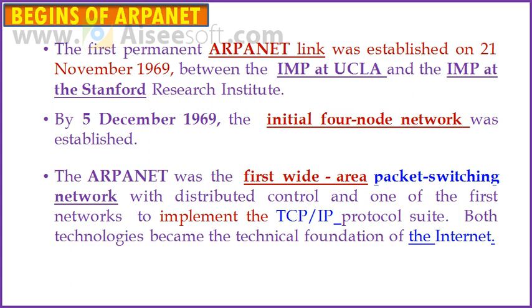ARPANET was the first wide area packet switching network with distributed control and one of the first networks to implement the TCP/IP protocol suite. Both technologies became the technical foundation of the Internet.